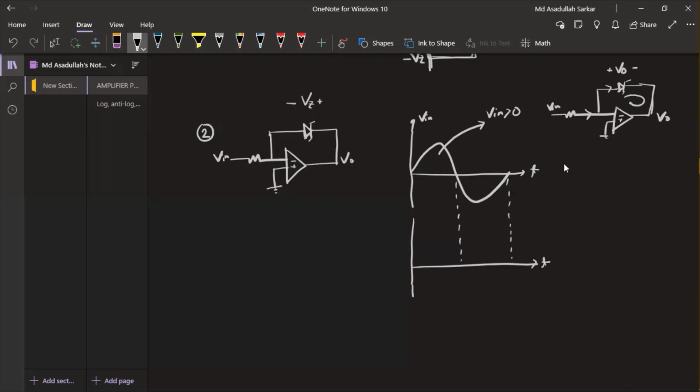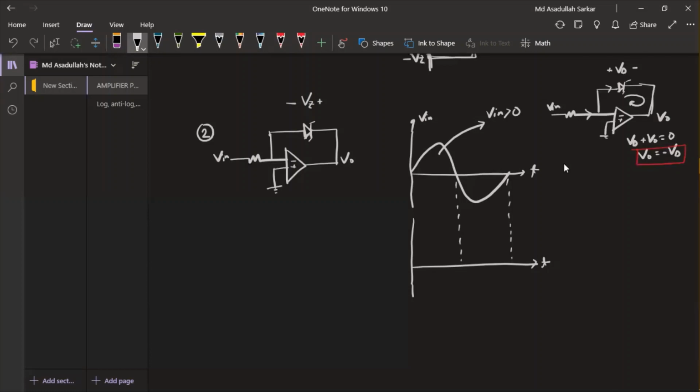If we make a loop here, we will find that Vd plus V output equals 0. So V output will be minus Vd. This is the output expression while the input is in the positive half cycle.